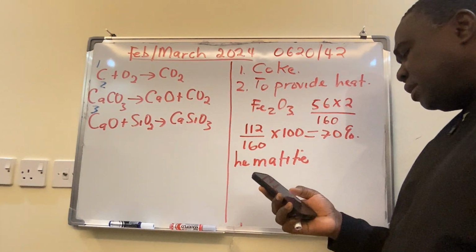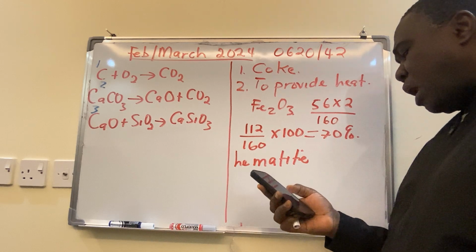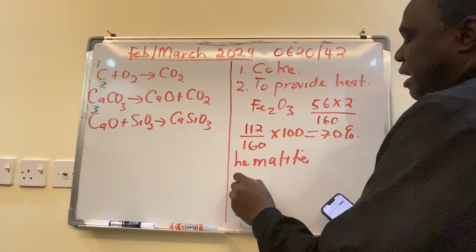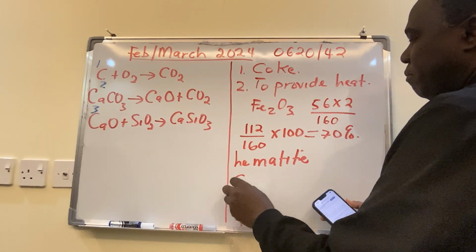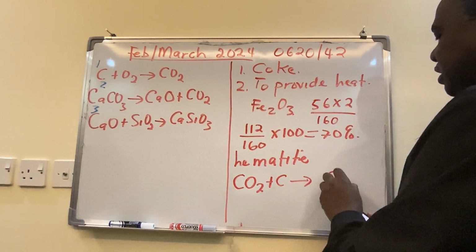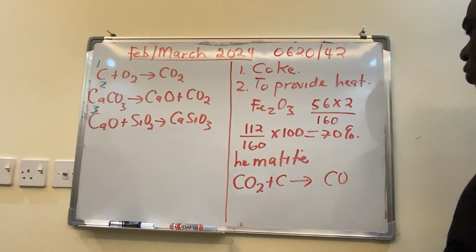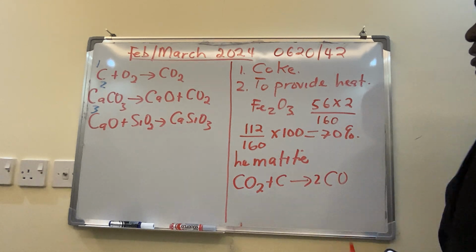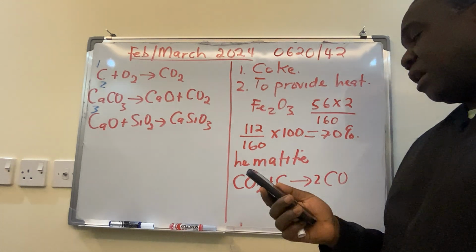Then it says, describe how carbon monoxide is formed in the blast furnace. Carbon dioxide plus carbon gives you carbon monoxide. If you look at what is happening here, this is the reduction of carbon dioxide.